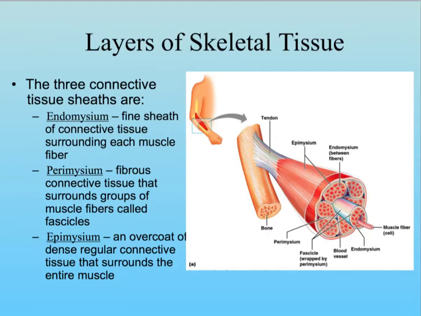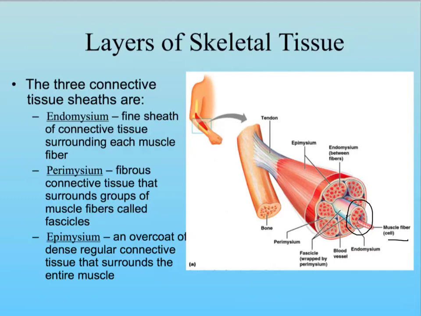So take it piece by piece. Okay, so we have an individual muscle cell. You have a bundle of muscles. So this little bundle right here is several muscle fibers, all kind of like strands of spaghetti, all gathered together. And what is around them is the endomysium.